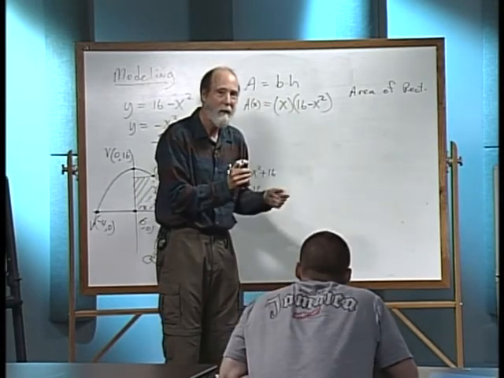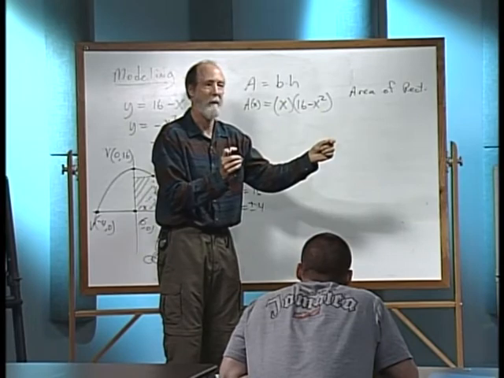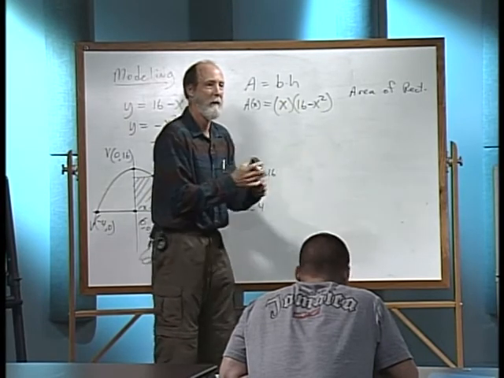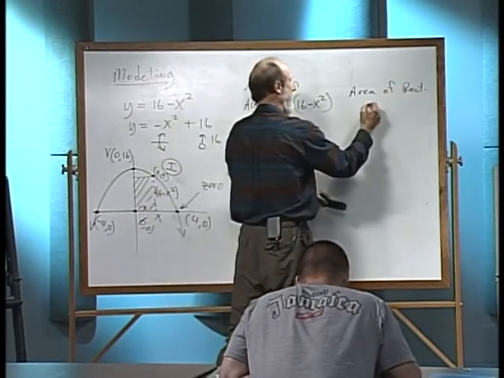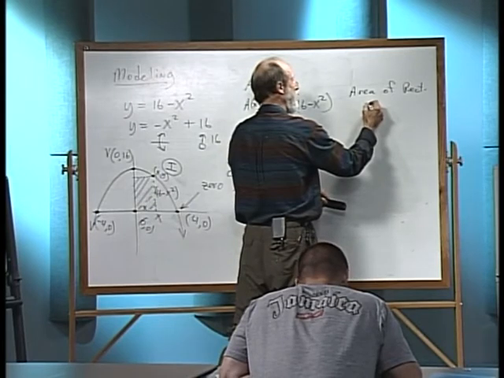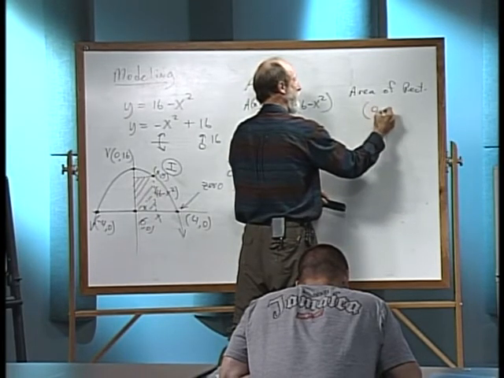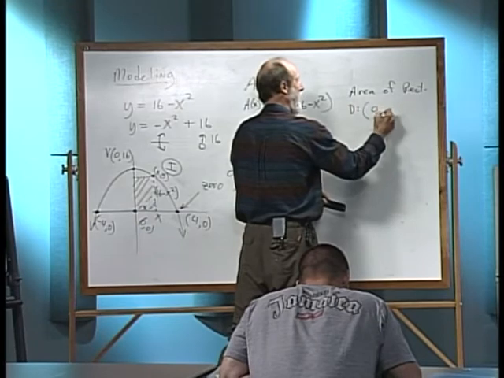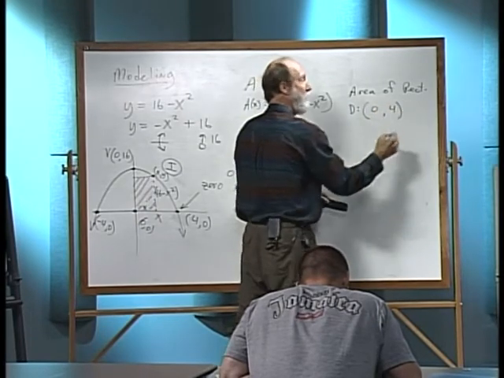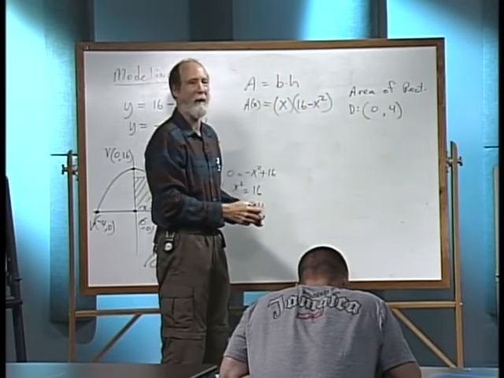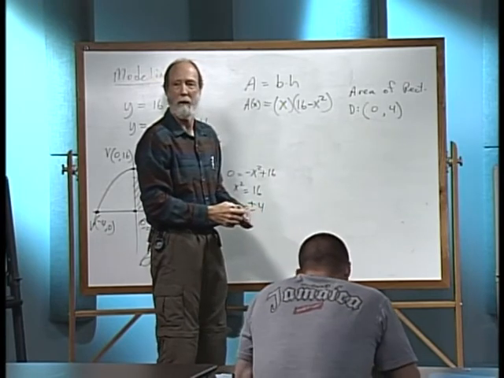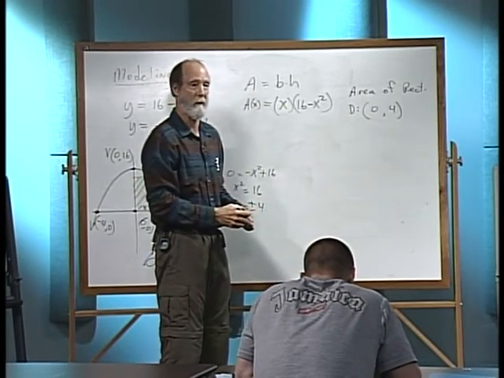And in the back? 4. Can't be any bigger than 4, can it? So doesn't the area of this rectangle have to be trapped in a domain where x is greater than 0? Here's your domain, and less than 4. Otherwise, you would not have a rectangle.